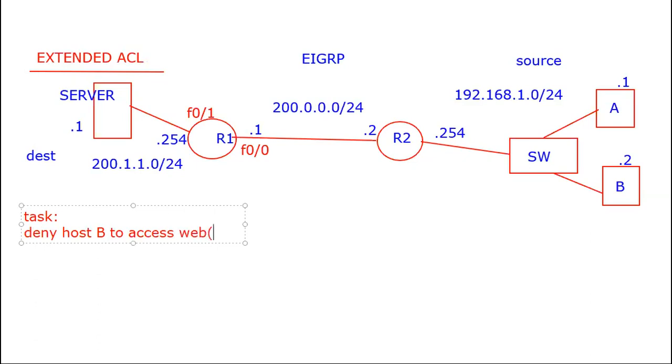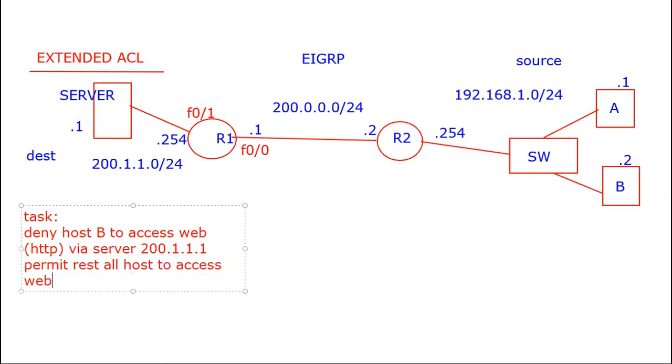Web means HTTP service, via the destination server, that is 201.1.1.1. Permit all the rest of the hosts in that network to access web, same via server 201.1.1.1. In these two statements, we are talking about only the web service. B should be denied access to web and all the rest of the hosts should be able to access web.